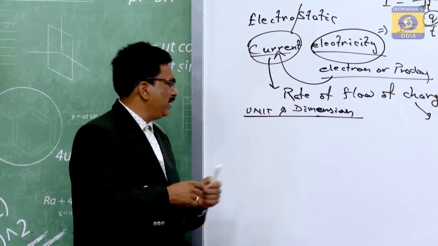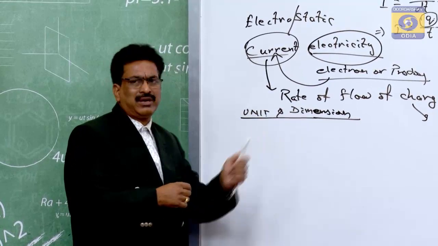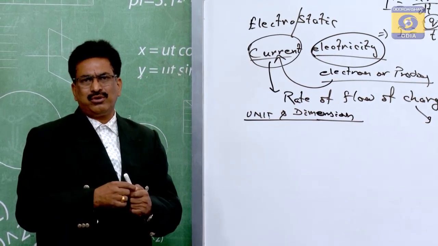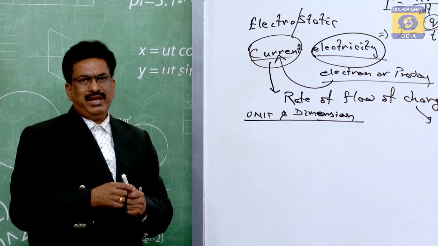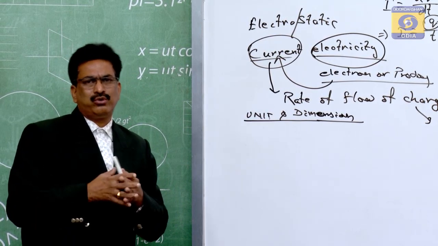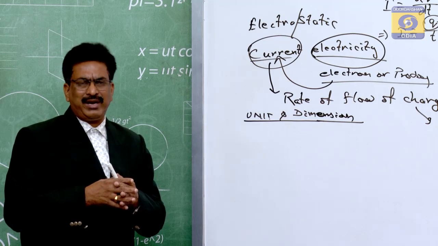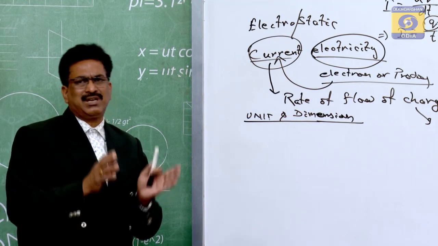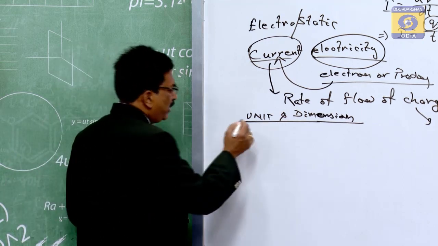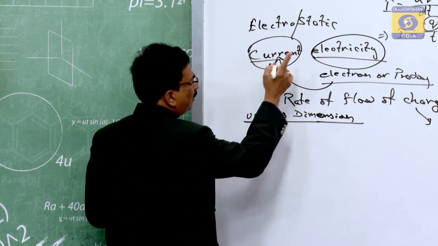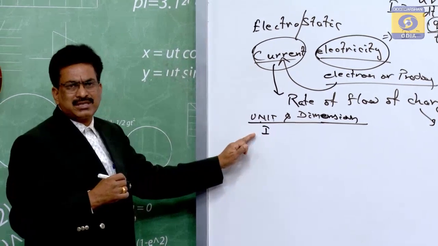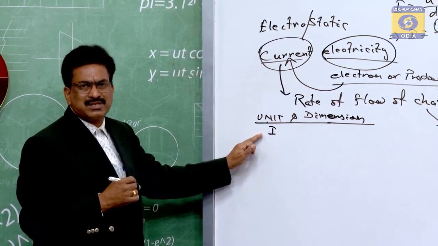You know very well that to find the unit or the dimension of any physical quantity, we have to first know its working formula. If the working formula is known to us, then we can easily find the unit and the dimension of any physical quantity. So, here we are interested to find the unit of the current. So, first you will think what is the definition or the mathematical expression of the current.